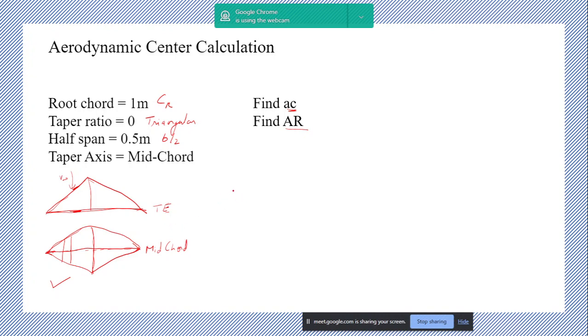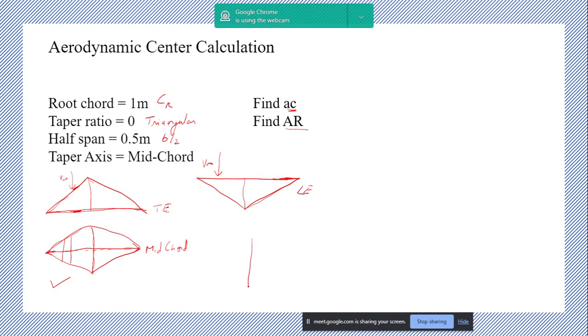Right? So if you had something like this, and the oncoming velocity was here, what will the taper axis be? Where is it tapering towards? It's tapering towards this line, right? Yes. So the taper axis here is the leading edge.